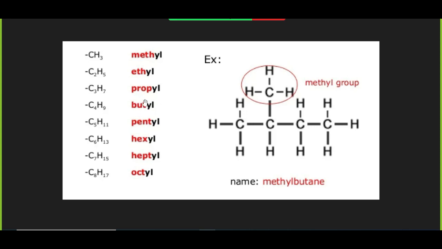Watch the but. This termination changes depending on the class, and I will explain in a while what class means. And this prefix remains: meth, eth, prop, but, and so on. If we have five carbons, pentyl, six carbons, hexyl, heptyl, octyl, and so on. Then we have the dec and non, and it's up to here. It's what we need to know.